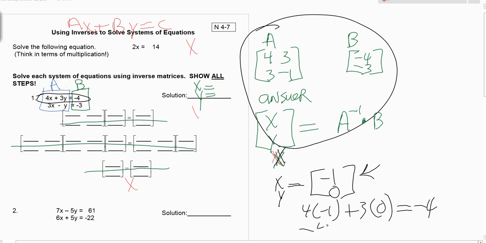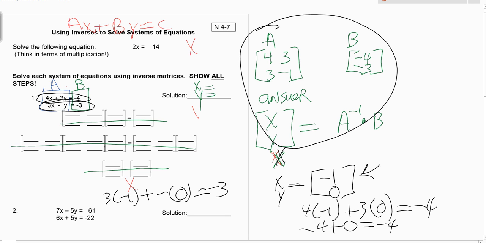Sure looks like it, right? We have -4 plus 0 equals -4. And then it doesn't hurt to check the second equation. We have 3 times x, so 3 times -1, minus y, or plus a -y, and y is 0, and that equals -3 as well. So that one checks out as well.